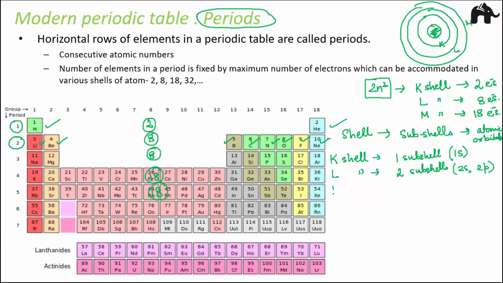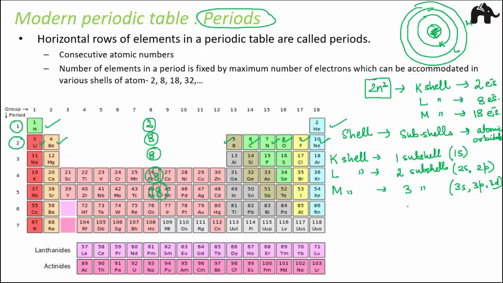If I talk about the M shell, it has three subshells, that is 3s, 3p and 3d. Now what are these s, p, d and so on? These s, p, d, they are the atomic orbitals. That is what I was talking about just now, right? So now you understand that these K, L, M, they are the shells. They are made up of subshells and the subshells are made up of atomic orbitals.